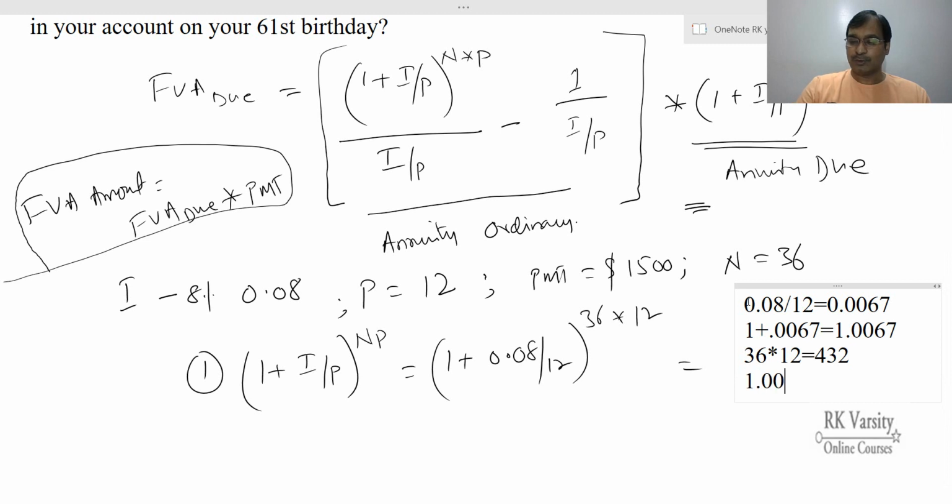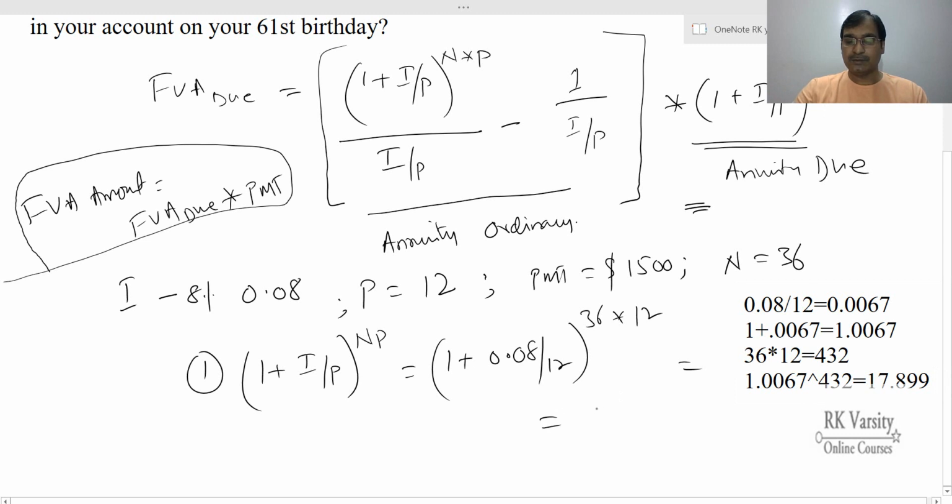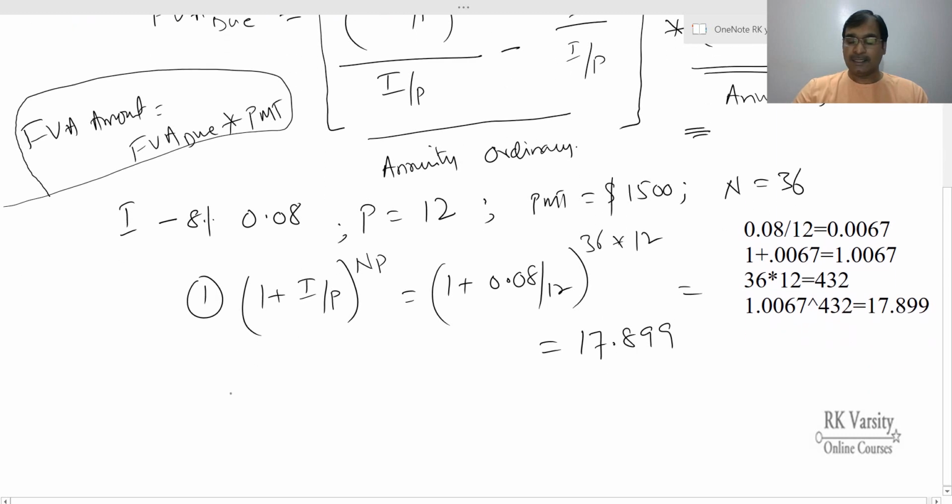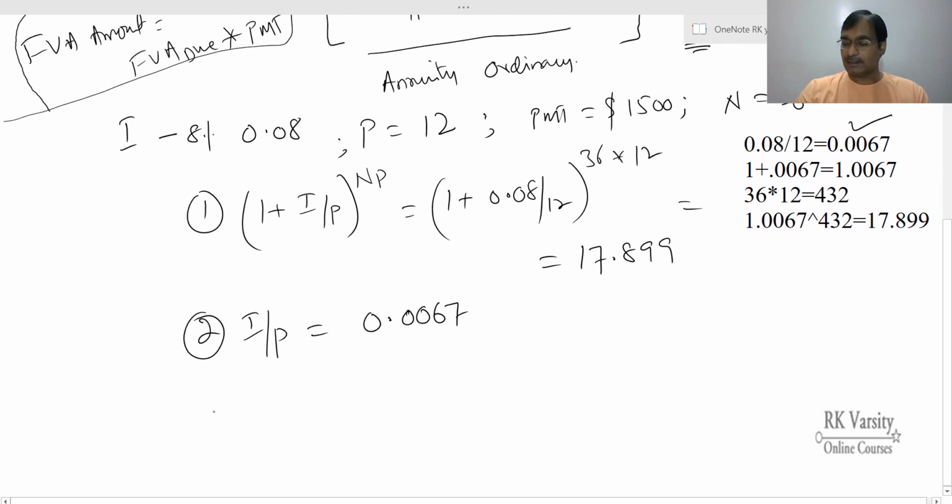So the value is 1.0067 raised to the power of 432, which gives you 17.899. And then in the second step, I upon P is already calculated, that is 0.0067.